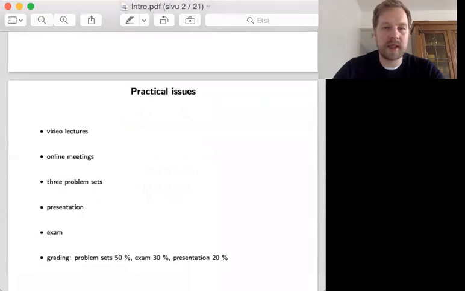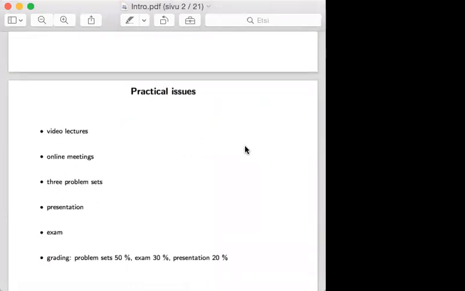First, a few practical issues. All the lectures will be video lectures. There will be problem sets and then online meetings to discuss the topics of the lectures and get some guidance for problem sets. There will be a presentation on some research paper.